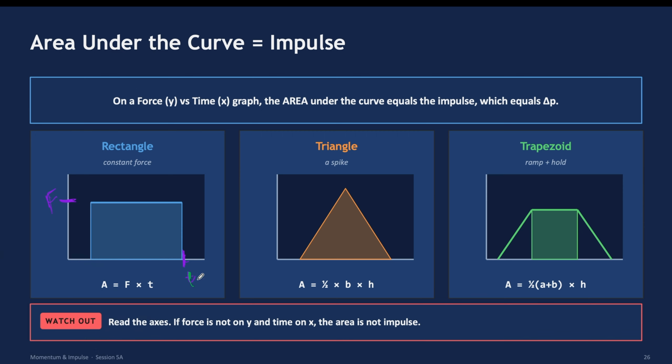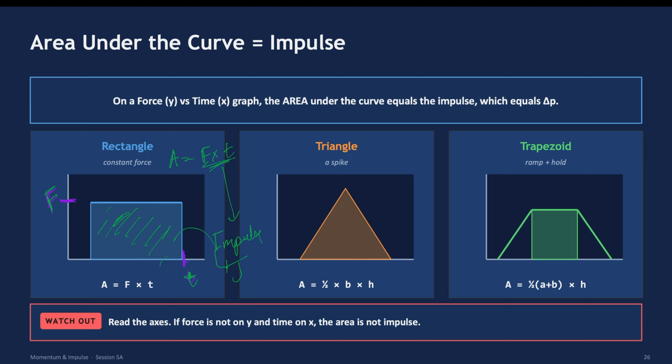We figured out in the previous video that the area of this graph, which is force times time, has the units of impulse. So the area under a force time graph should give us impulse, or J.